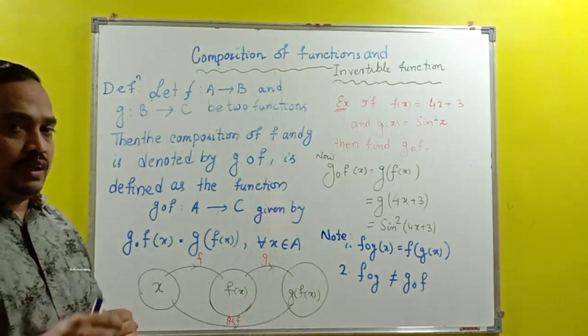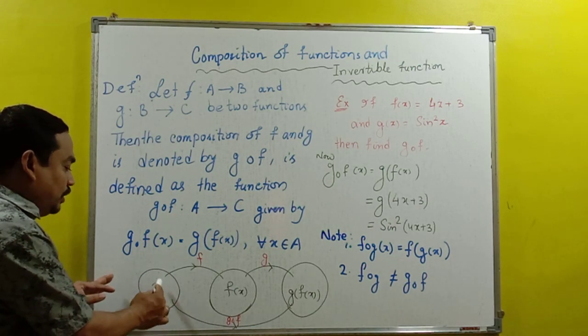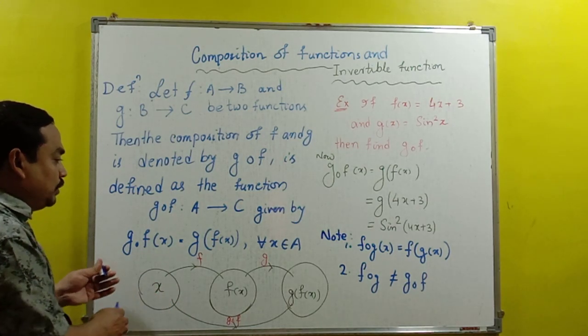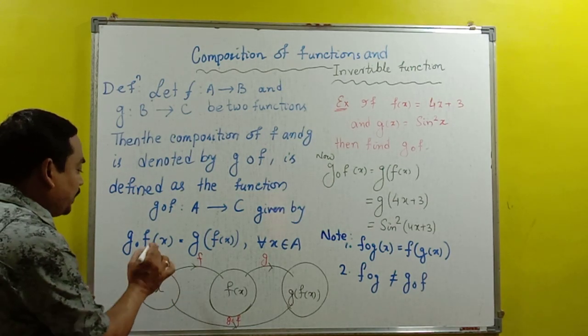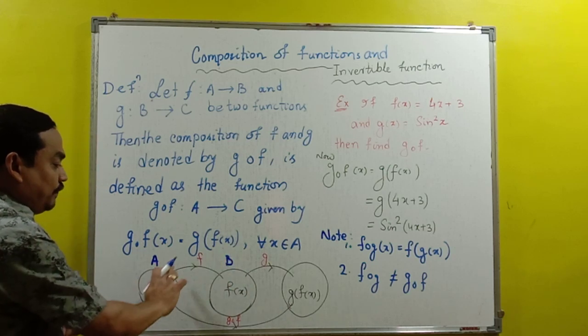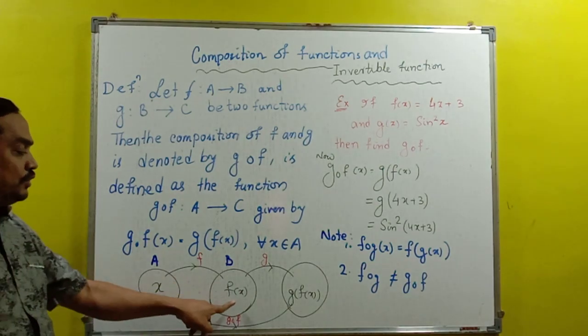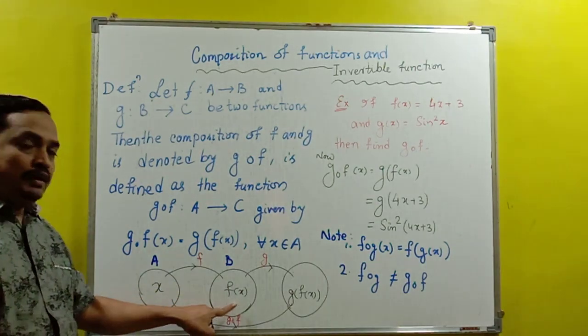Here, in a diagrammatic way, what does it mean? Suppose this is your set A and this is set B. The function f is defined from set A to B. Here it is x, and here the element is f of x.